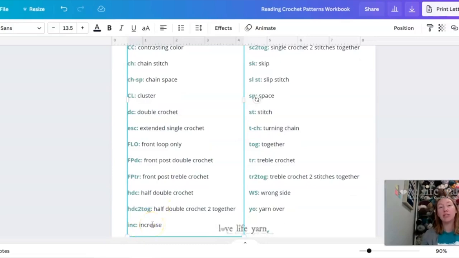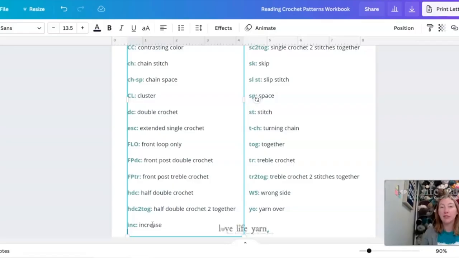Now, typically if you see increase in a pattern, it's going to mean that you work more than one stitch in the same stitch. So let's say I have a doll pattern, and when you're working the increases for, say, the head from the neck, it will say increase in each stitch around. The next one might say single crochet and then increase in the next one and then repeat that around.